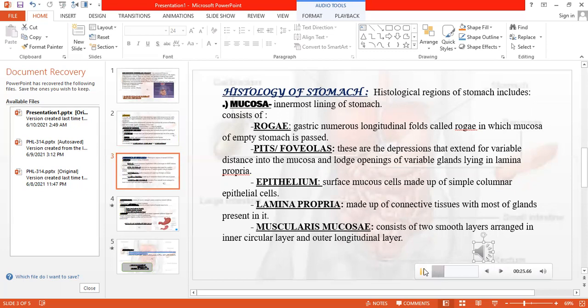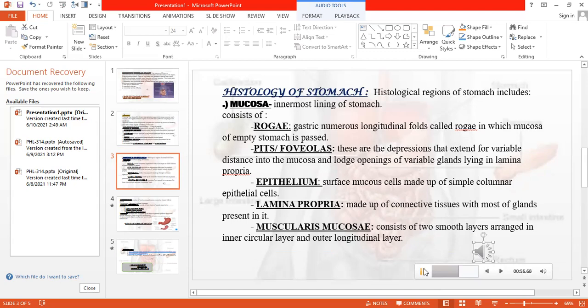Mucosa is the innermost lining of the stomach, and it is further composed of rugae, pits, epithelium, lamina propria, and muscularis mucosa. What are rugae? Rugae are basically gastric folds through which the empty stomach mucosa is passed, and they are numerous in quantity.